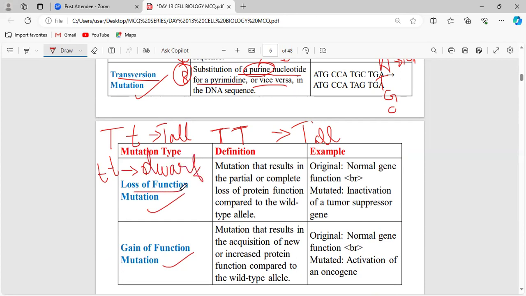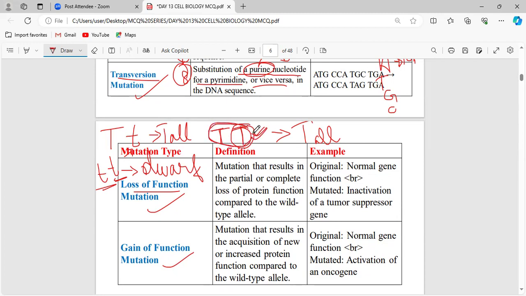See, here in loss of function mutation, both alleles have to be mutated. For example, let's take this tall plant, a dominant character. If the mutation occurs in just this one T, it is not sufficient.